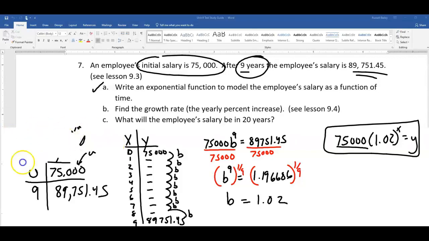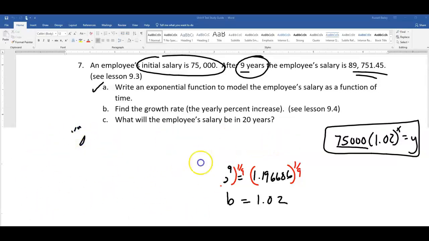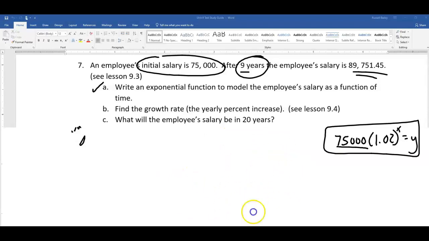It says find the growth rate. Now, back when we did these problems, I did not ask you this question, but I did ask this question when we did other types of word problems, but the same principle applies. The growth factor is the result of taking your growth rate and either adding it or subtracting it from 1.